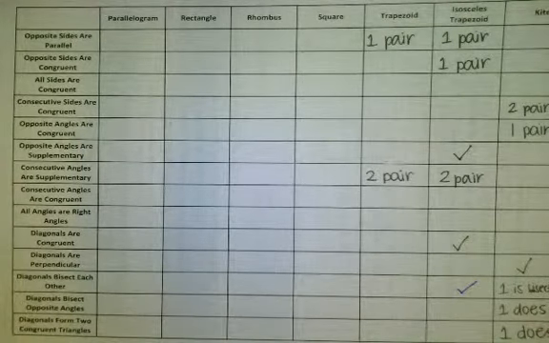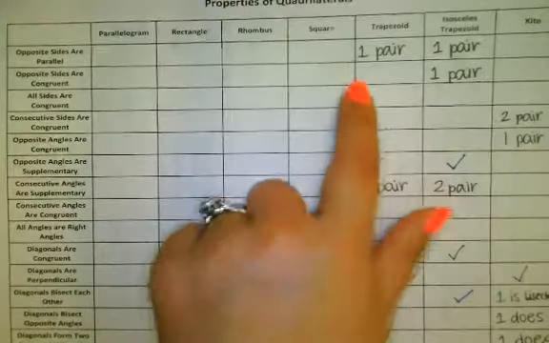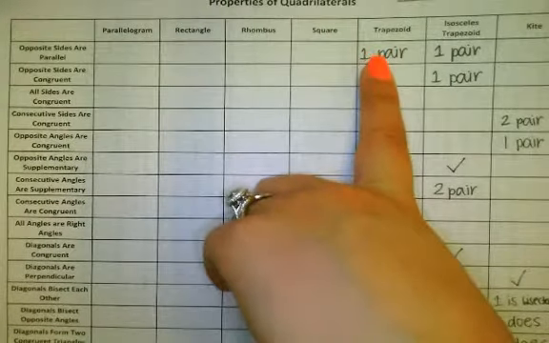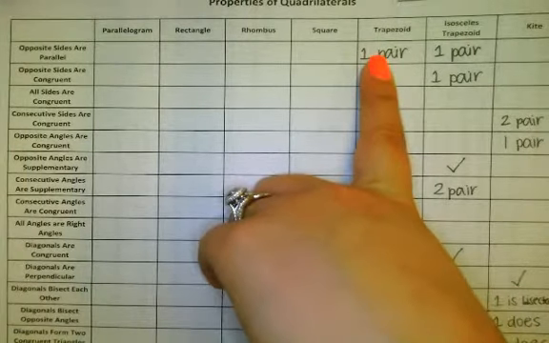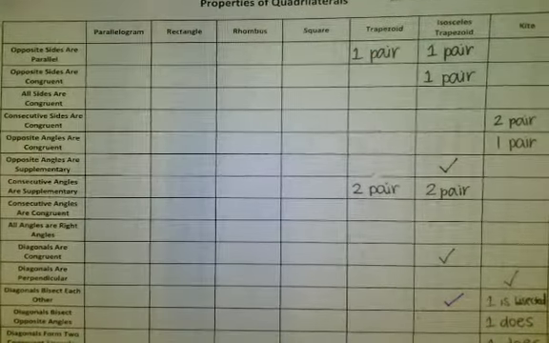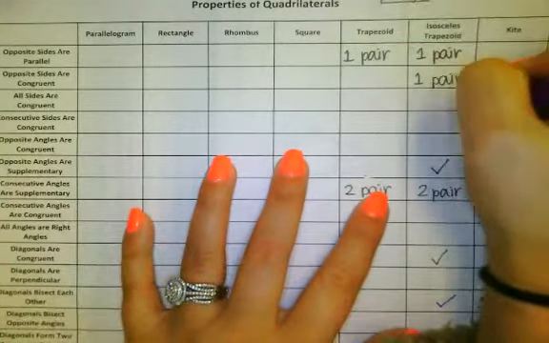Okay, consecutive angles are still supplementary for regular trapezoids, but all you have is one pair of parallel bases. Okay, whereas isosceles, you have that one pair still. Opposite sides are congruent because of your legs. So that's one pair. If you want to write that, you can. These are your legs. These are your bases.